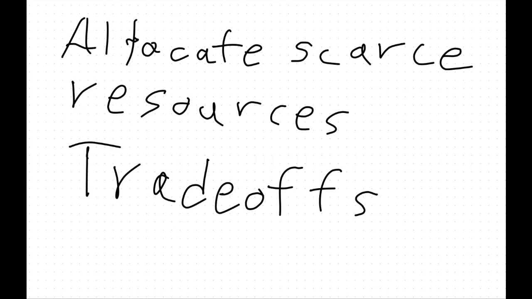Really, the big difference between a micro and a macro class is that in a micro class, the majority of what you're talking about is going to be individual actor-based models.